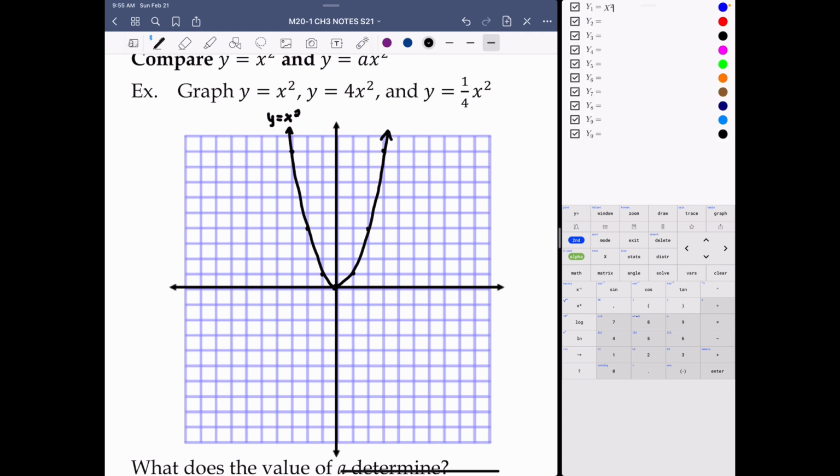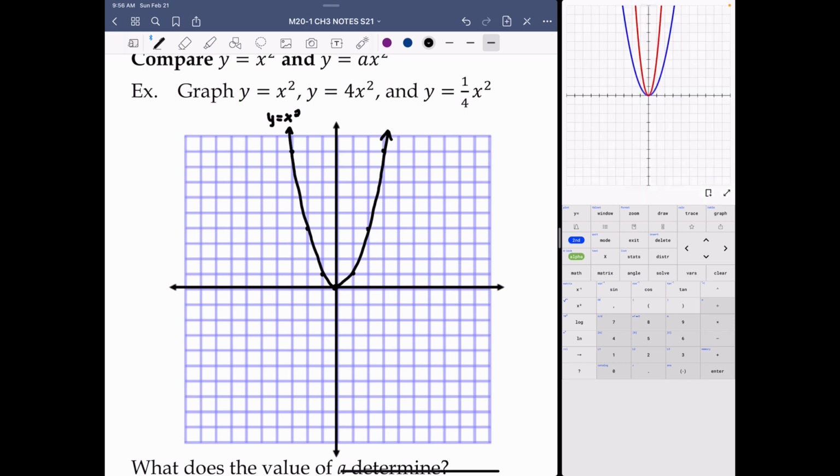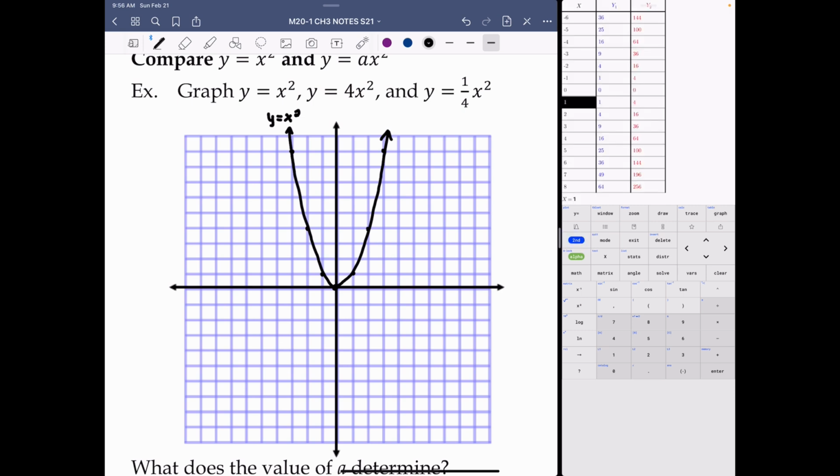Go back to y equals, down to y2, and enter 4x squared. No brackets here. We don't want the 4 to be squared. We want 4 and then times x squared. Graph that, and we see that we have a more narrow looking parabola. We can use our table. I still have a vertex at 0, 0.